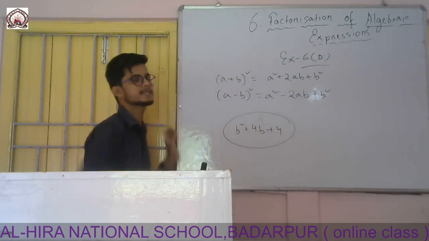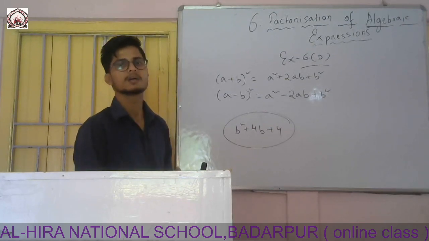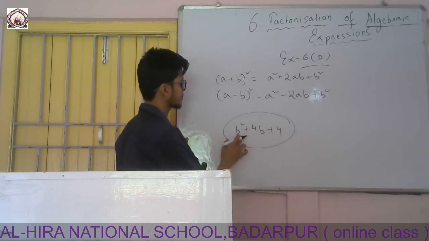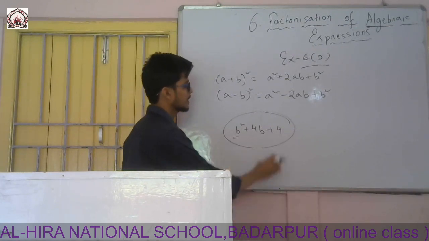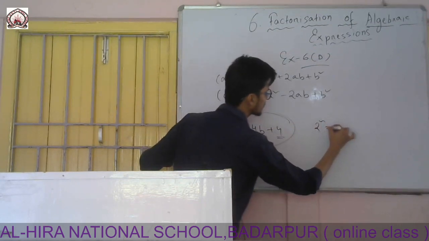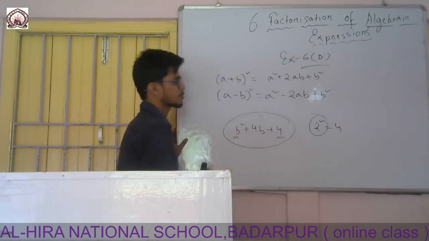I have to check whether it is a perfect trinomial square or not. First, I will check whether this one is a square term. Yes, it is, b square. Then I will check this one. Yes, 2 square is equal to 4, so it is also a square.